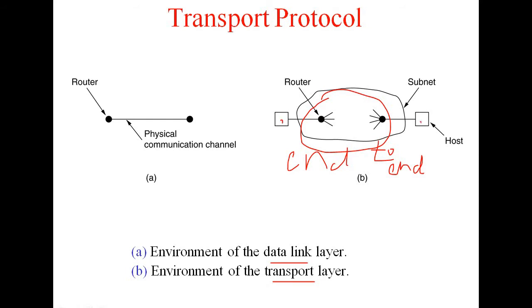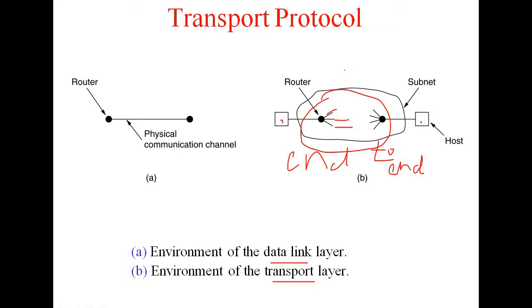Because it is end to end, if you take the datagram approach or the connectionless approach, the routers may take different paths, because it is a connectionless service. Because of this, handling addressing, connection establishment, and connection release are very challenging tasks for the transport layer entities, or the transport layer protocols.